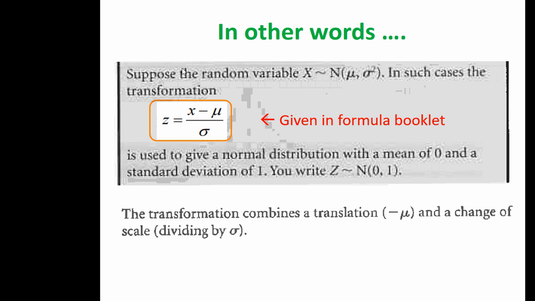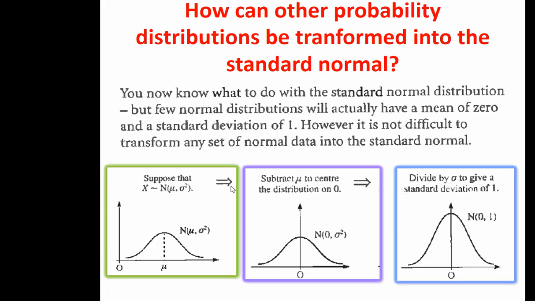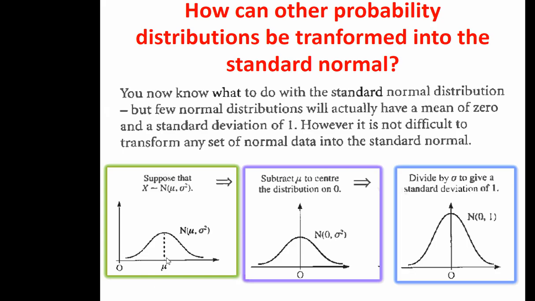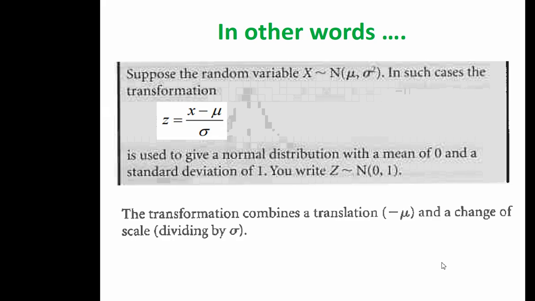This is given in your formula booklet, but the previous slide is just trying to explain why we do that. We subtract the mean to center it back to 0, so everything shifts back to 0, and we divide by the standard deviation so that it ends up with a standard deviation of 1.